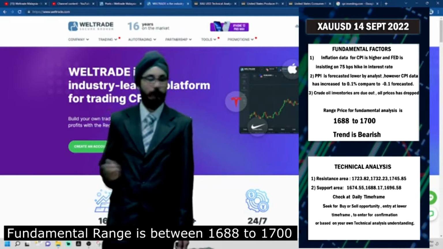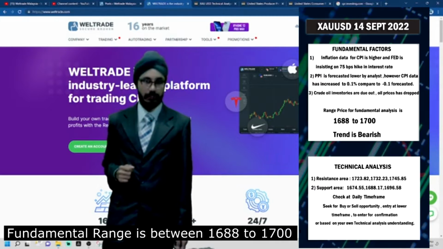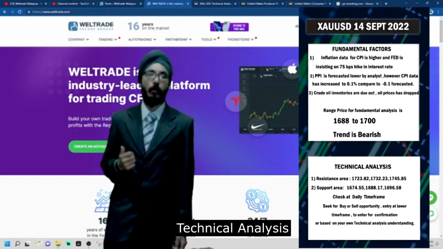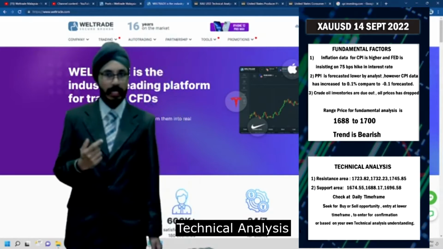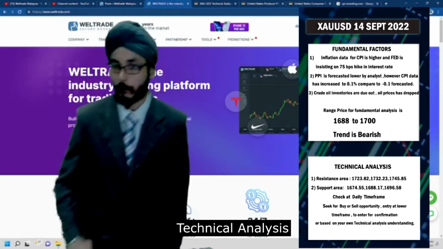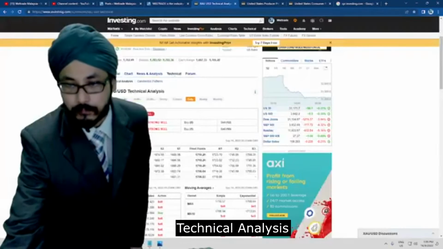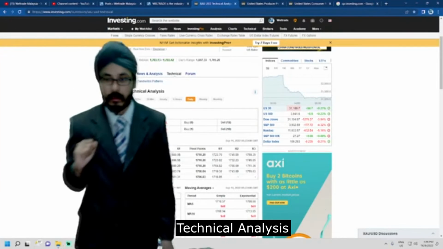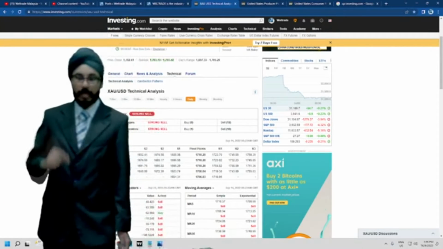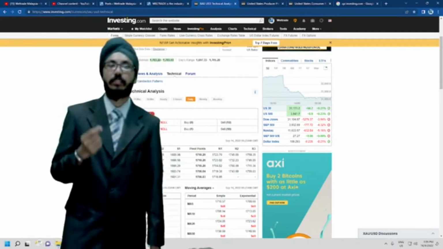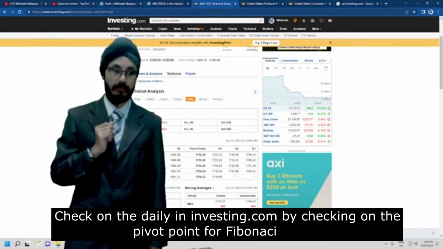Moving forward, for our technical analysis, we can always use investing.com. If we look over here at investing.com, first and foremost, we can look at our daily.